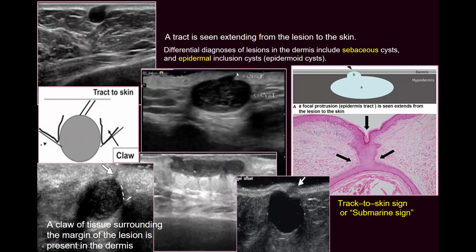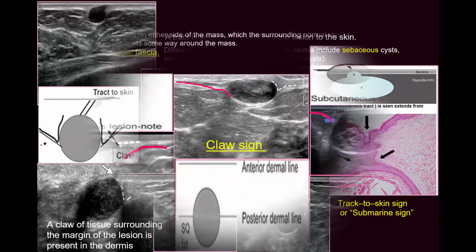This is the tract. Can you see it? Here it has a different appearance. This is the tract, this one and this one. They call it the tract to skin sign or submarine sign. It mostly represents either an epidermal inclusion or sebaceous cyst.